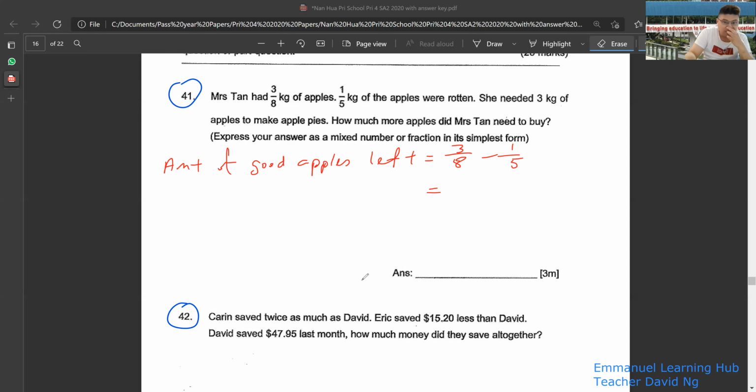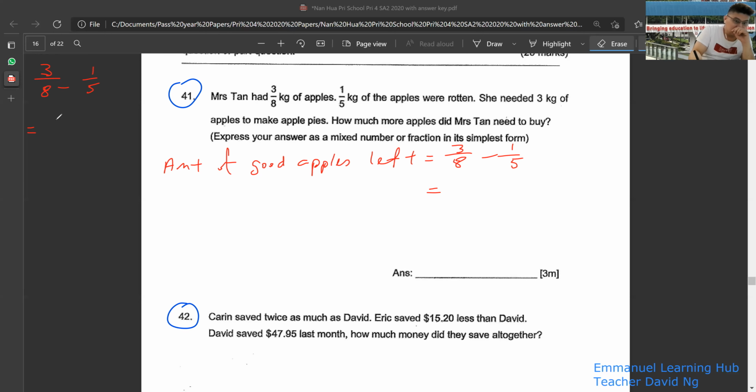How to do? 3/8 minus 1/5. What must you do? How do you minus 3/8 minus 1/5? What must you do? 7 over 40. You will have 7 over 40.